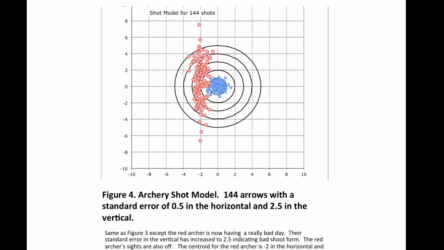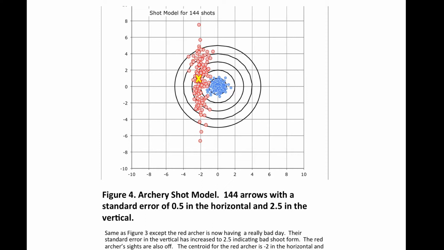And finally, let's take an extreme example. In this case, the blue archer has a nice tight pattern centered on the center of the target, a very precise and accurate shooting pattern. We can contrast this to the red archer, who is clearly having a bad day.